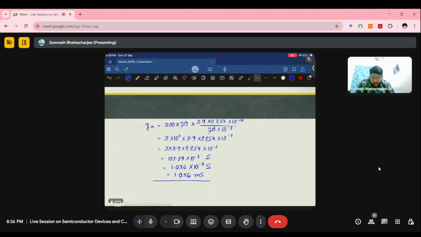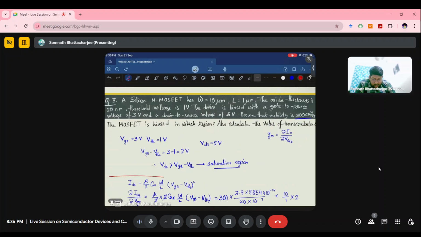Sir, how to find out the value of Cox? Cox we know is epsilon ox by Tox. Now epsilon ox is what? It is nothing but epsilon r into epsilon naught.